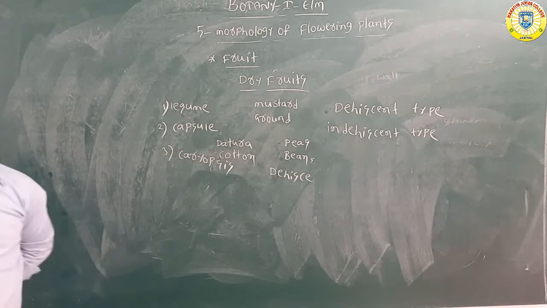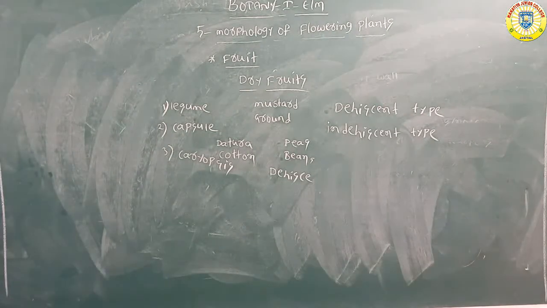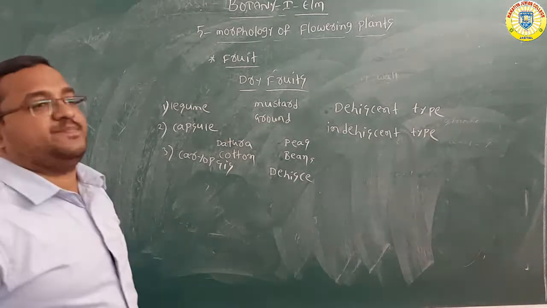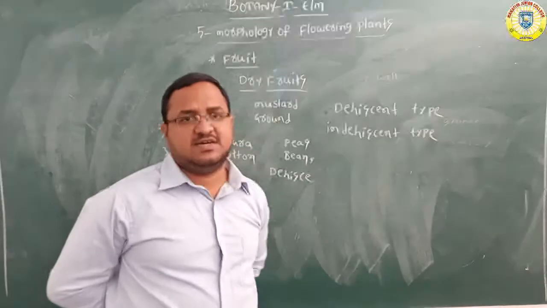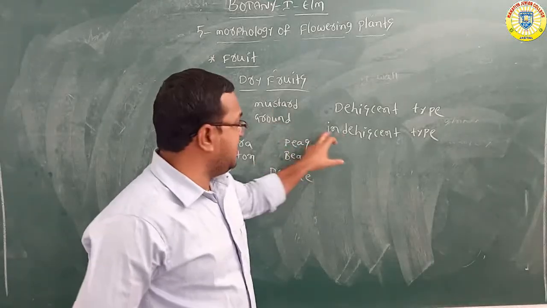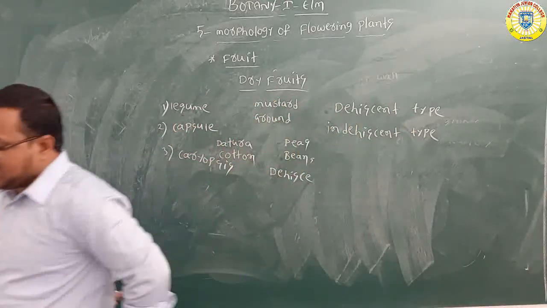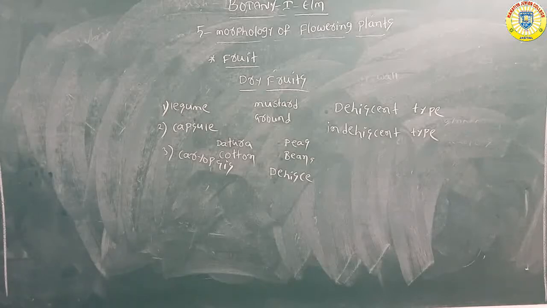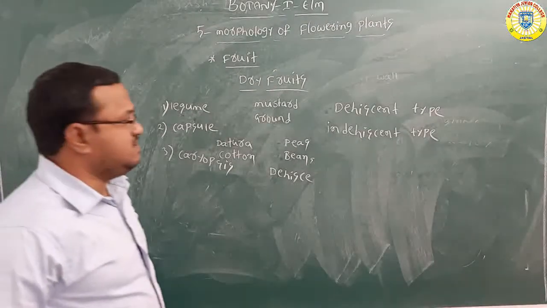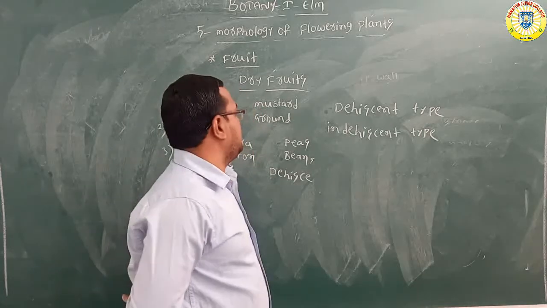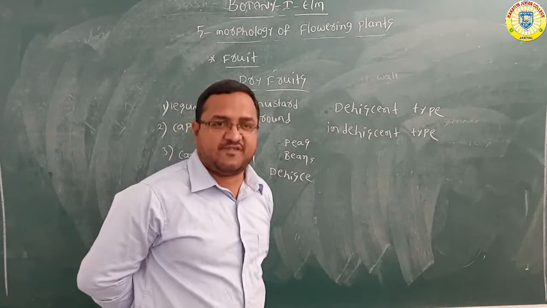All fruits have only a single seed, but the fruits are dry indehiscent. But how are the seeds released here? The pericarp and seed coat are fused together.